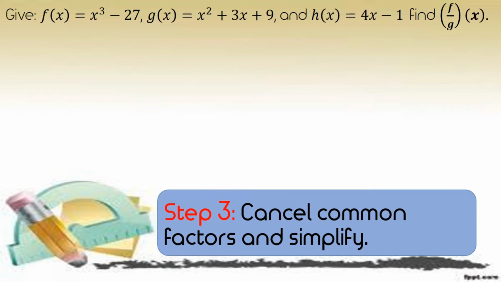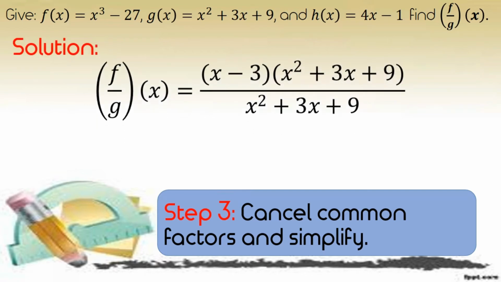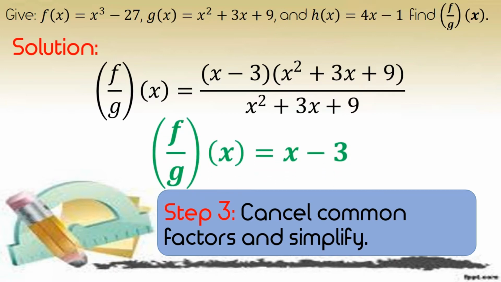And for the last step, we're going to cancel common factors and simplify the remaining terms. Since the other factor of the numerator is similar with the denominator, which is x squared plus 3x plus 9, we're going to cancel them out, so the final answer will be equivalent to x minus 3.